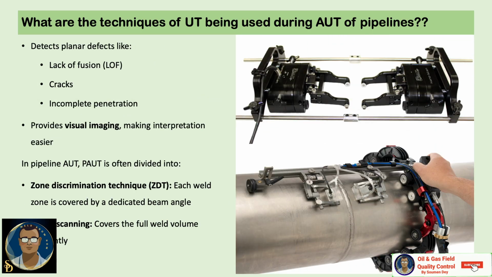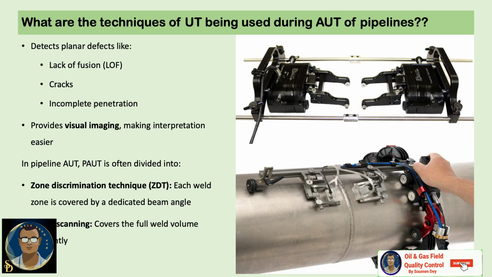Main UT techniques used in pipeline AUT are PAUT, the phased array ultrasonic testing we discussed a little bit in this video. This is the primary technique in most modern AUT systems. Uses multi-element probes to generate beams at multiple angles. Performs sectorial S-scan and linear scans.